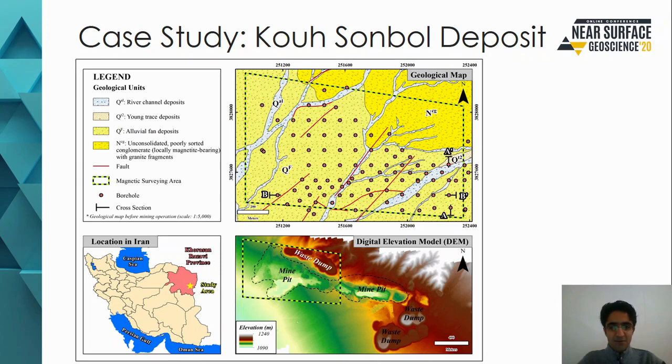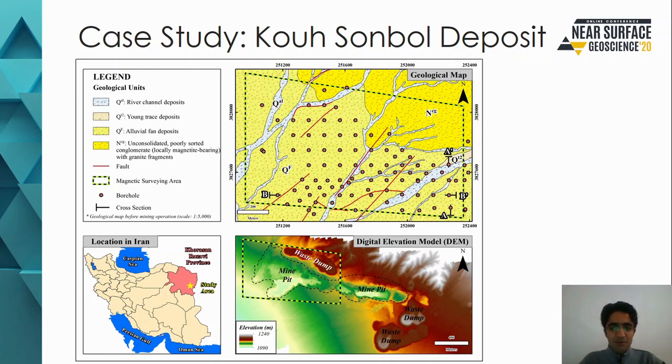So our case study, the Cook-Sombol deposit: you see the geological map in the upper right and the digital elevation model in the lower right. As you can see, the magnetic surveying area is in the west of this mine pit, and it also includes the surroundings of the mine pit itself.